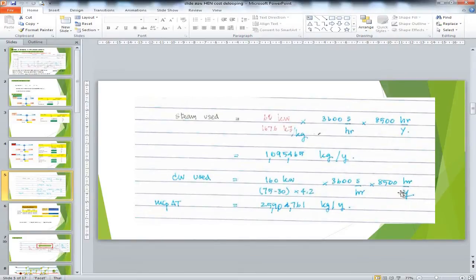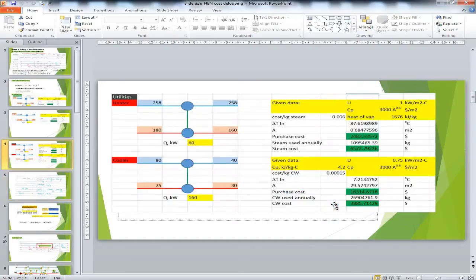I multiply with the same amount of this. So we need cooling water of around 25 million kilograms per year. Then we can get the cost of the cooling water here by multiplying with the price.